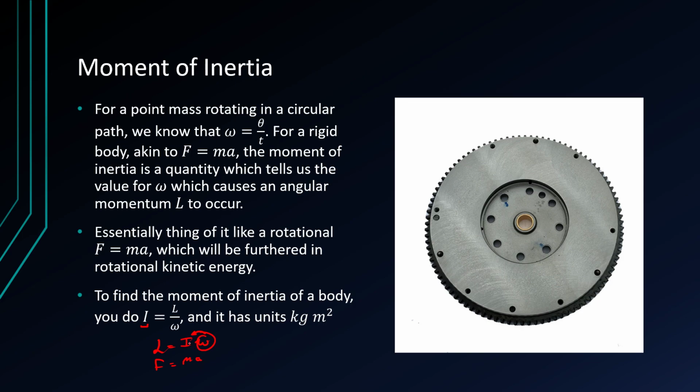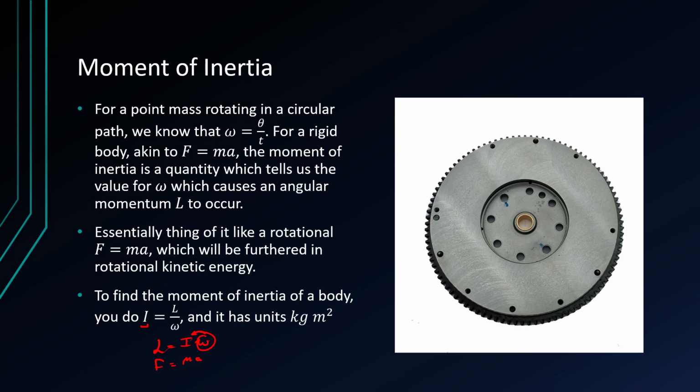So it's still kilogram meters squared per second, which is also this, but it's missing a factor of per second. But this is the similar law that's used for rotating objects, specifically rotating rigid objects.